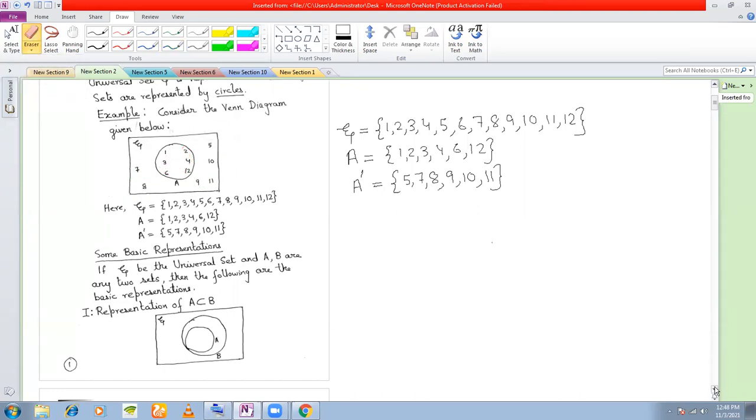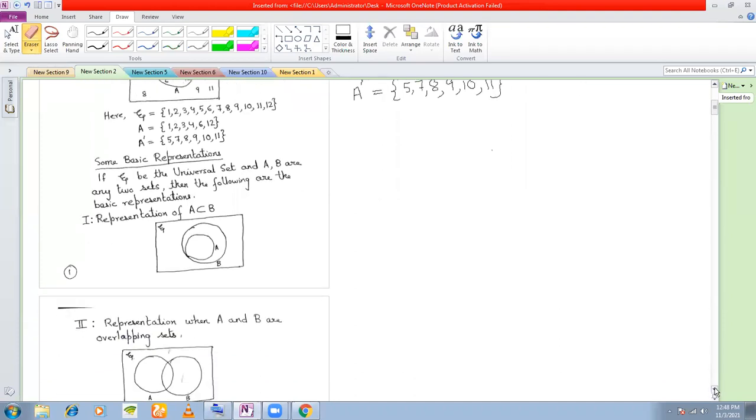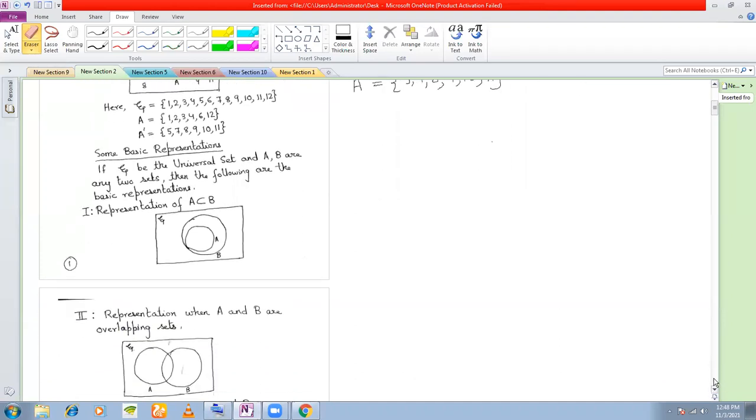Now we come to some basic representations of sets. If I give you two sets, either they will be disjoint sets, that is, nothing is common between them, or they can be overlapping sets, where one or more elements are common, or they can be subsets of each other.